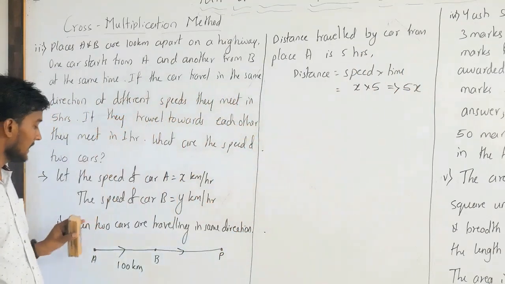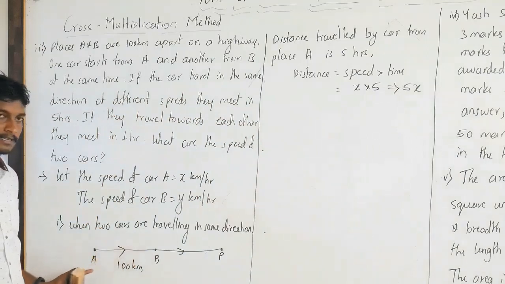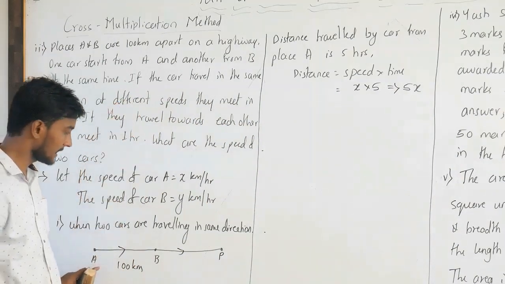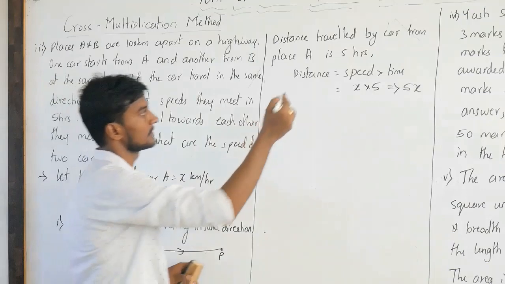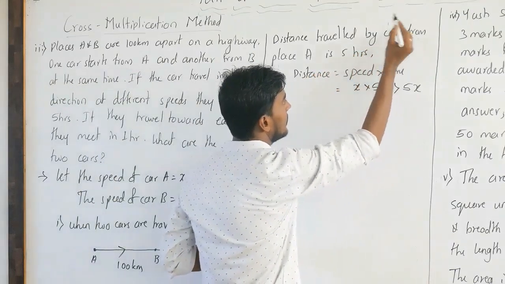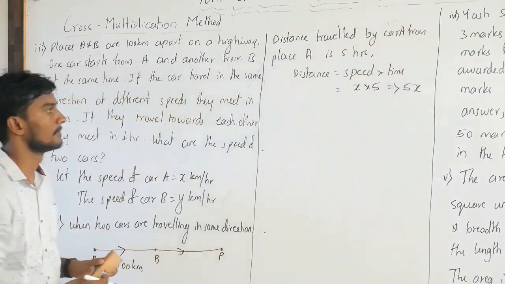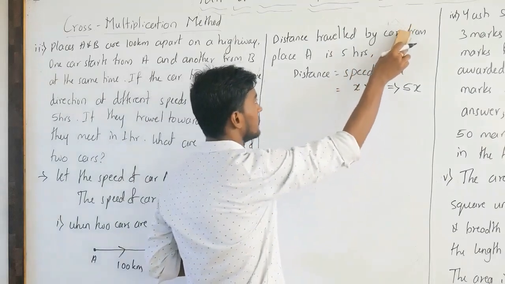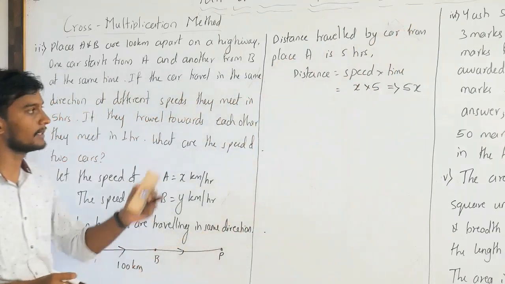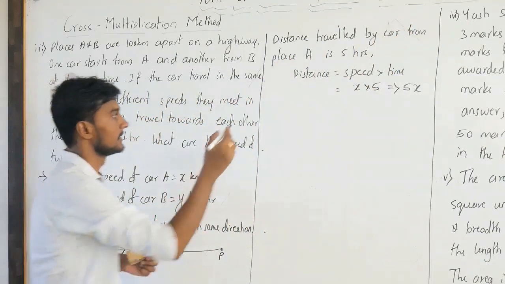The distance covered by car A from place A in 5 hours is equal to 5x.